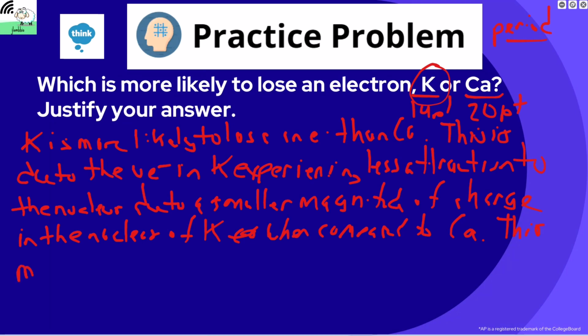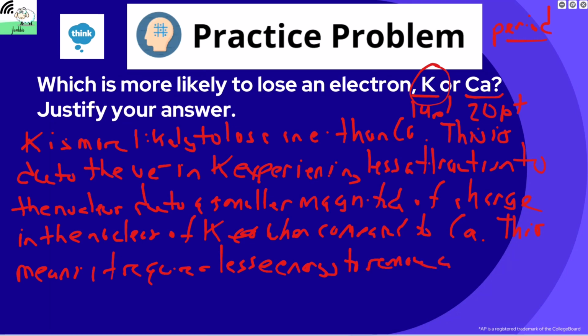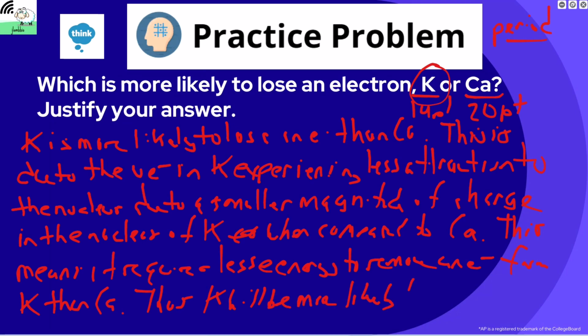This means it requires less energy to remove an electron from K than Ca. Thus, K will be more likely to lose an electron.